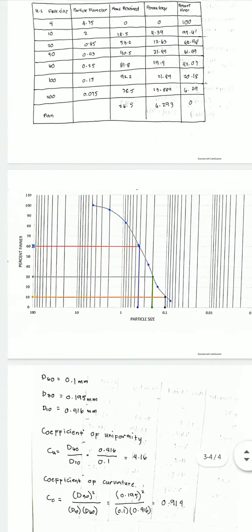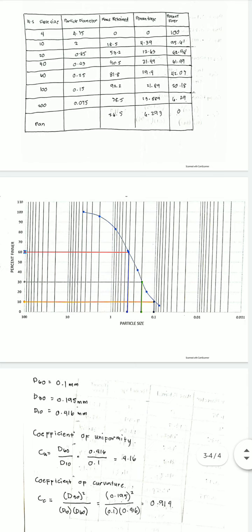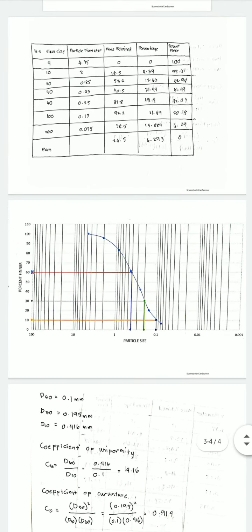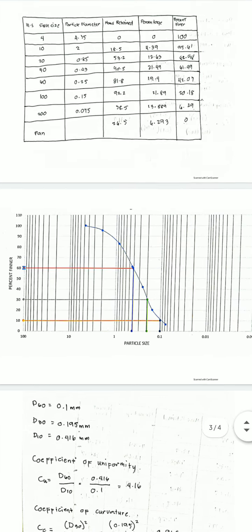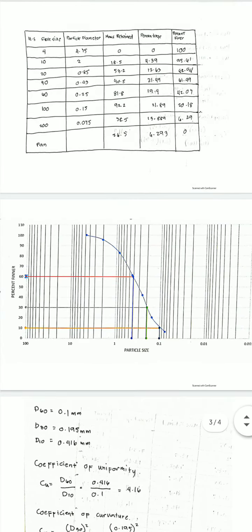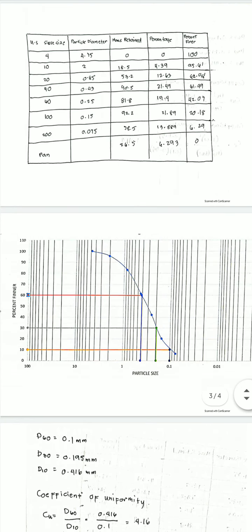To graph this particle size distribution curve, I used Excel, using the values from my table: the US sieve size, the particle diameter and the percent finer.